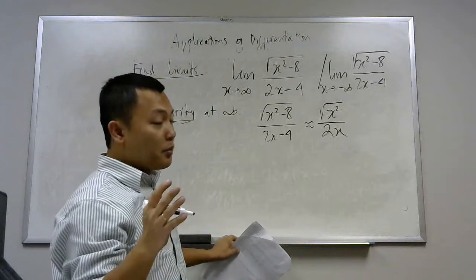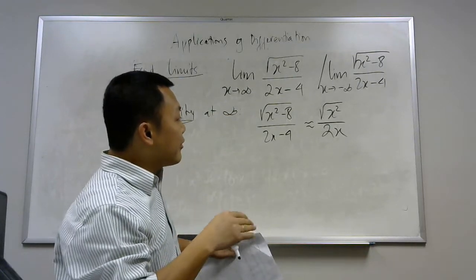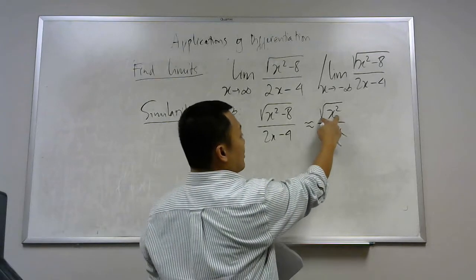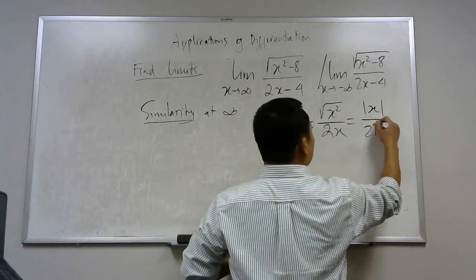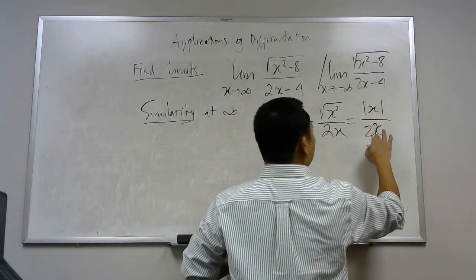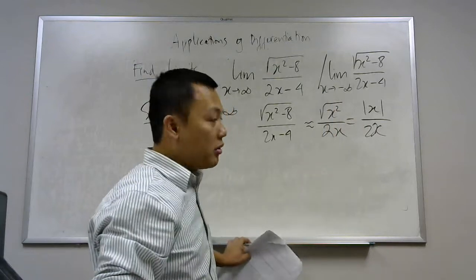But in this step we have to be very careful, because the square root of x squared is the absolute value of x, so it is absolute value of x over 2x. If someone just writes x, you are wrong.